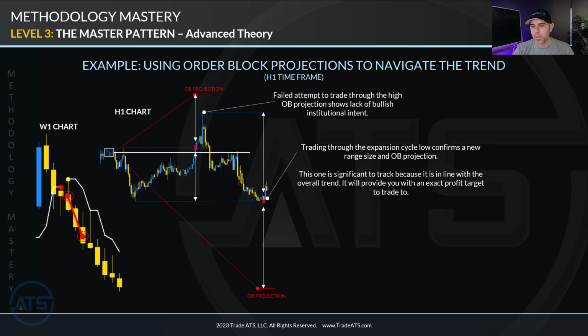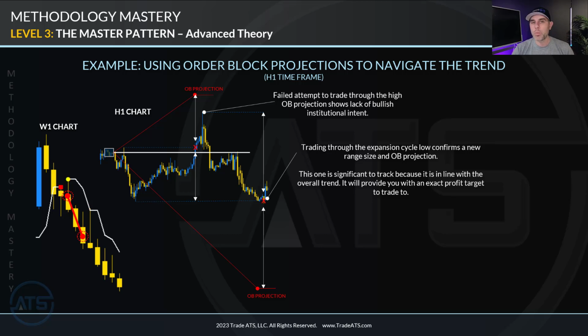We go from where the swing low liquidity is, where that red X is, that exact price, and we want to measure up to the confirmed swing high point of the overall range. And keep this in mind, we're not going to the old order block projection, we're going to that confirmed high point. We're going to take the exact measurement from that high point down to the swing low liquidity and project that 100% to the downside. That will be your new order block projection price.